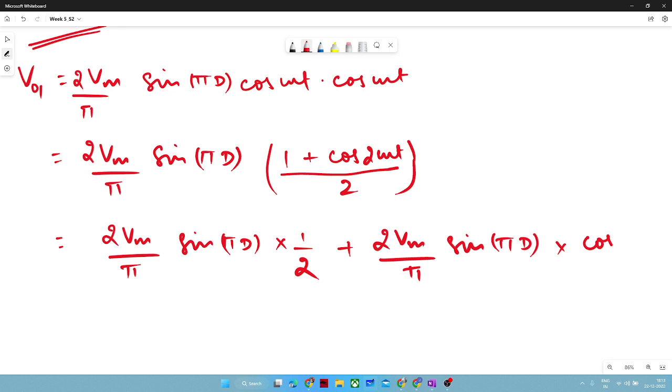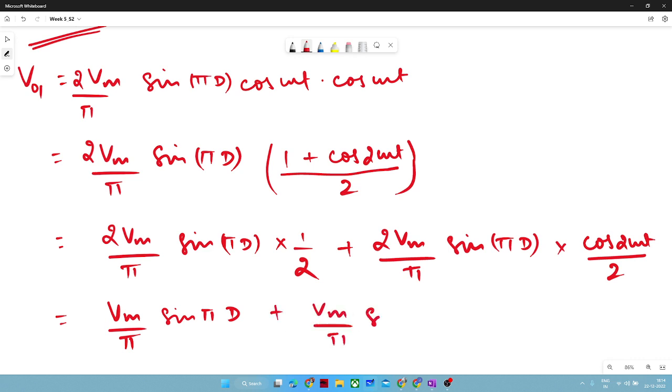So Vm by pi sin pi d plus Vm by pi sin pi d into cos 2 omega t. Now you would see these are kind of familiar terms, Vm by pi, terms you must have seen somewhere if you have studied.